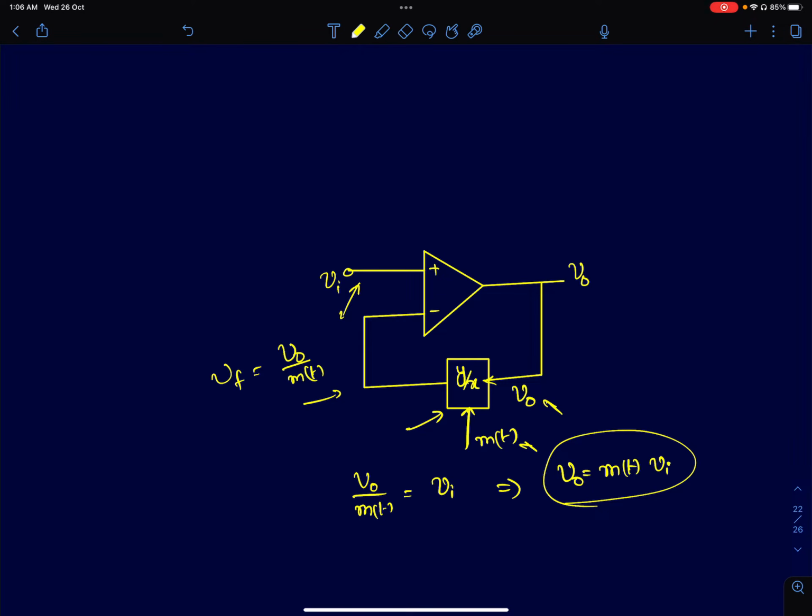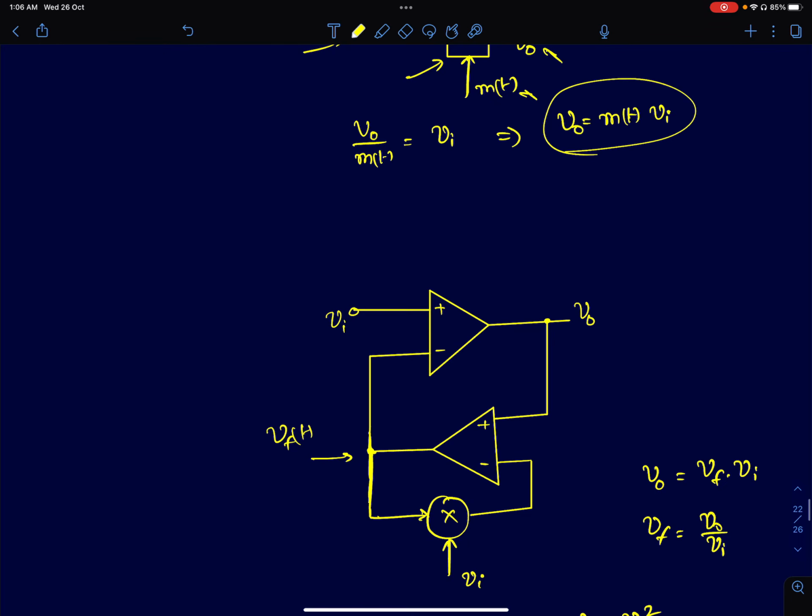And if I have division in the feedback path, I end up getting multiplication in the overall forward transfer function. So I'll combine these two circuits, the multiplier and divider, and build a circuit like this. In the feedback path, I'm going to add a circuit like this. We just saw that if I apply V0 here and the other input, I'm multiplying it with Vi itself in the negative feedback path.